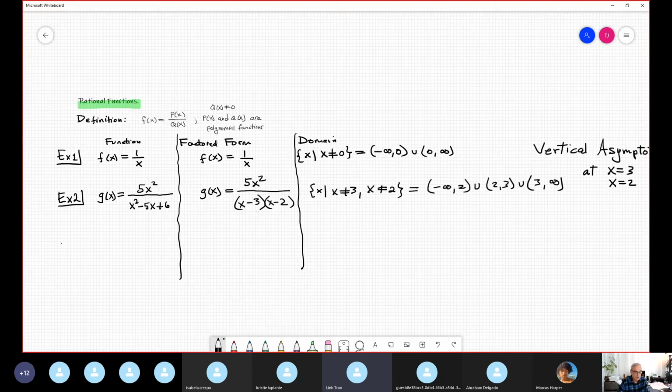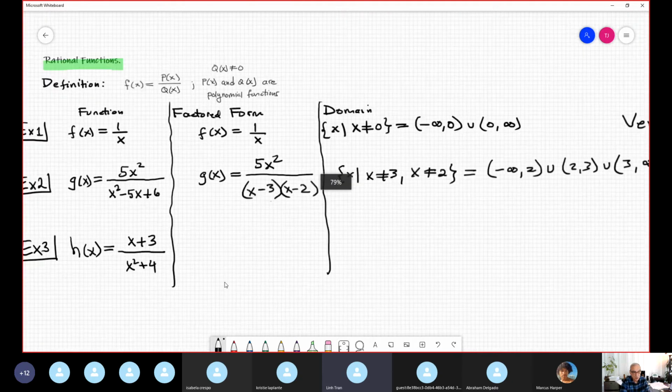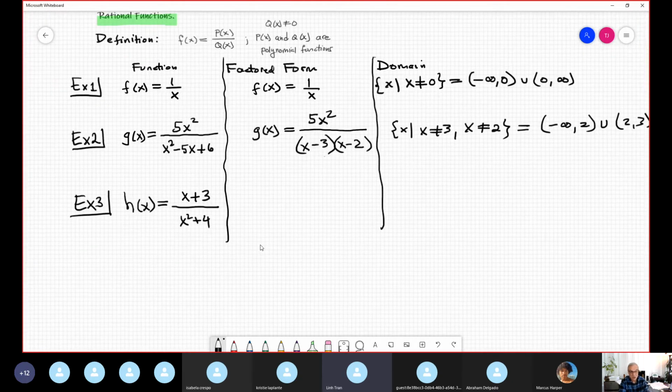In example 3, we have one weird situation. Suppose the function is called h of x, and this is x plus 3 divided by x squared plus 4. Suppose we are given this expression. The degree of the polynomial on top is 1, linear.